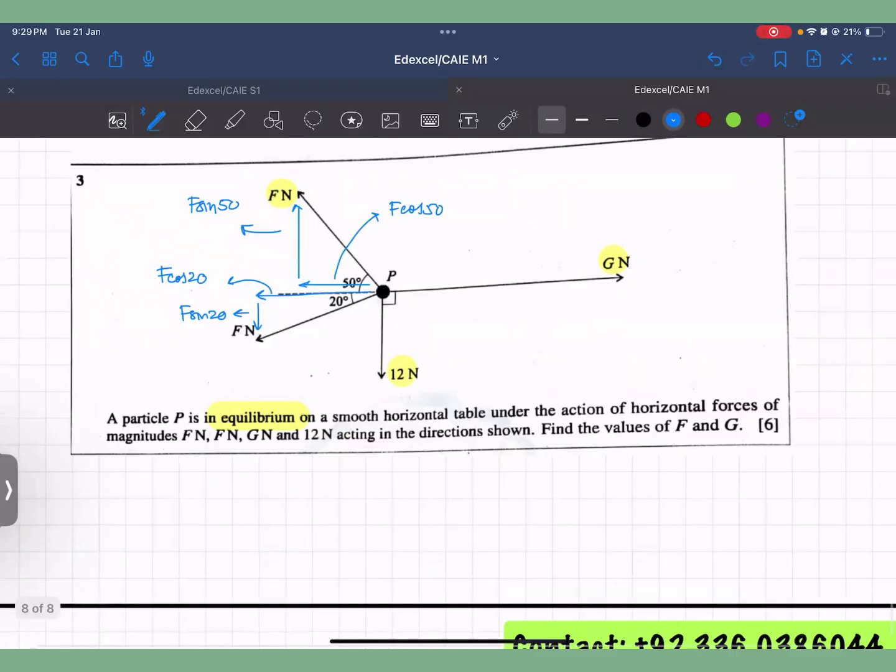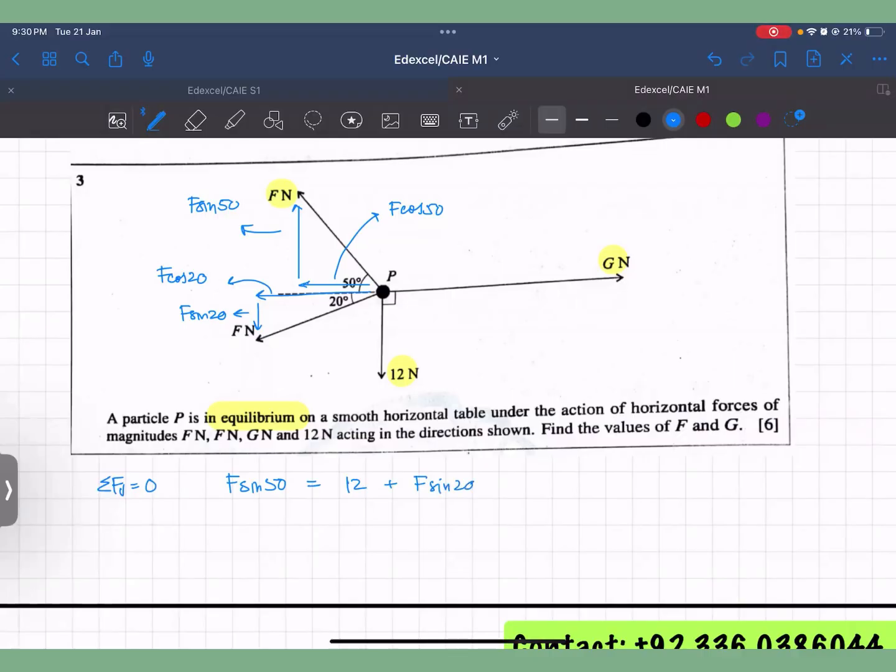So what do we do? They have told us that the system is in equilibrium. So vertically upward would be equal to vertically downward. Vertically upward there is only one, which is F sin 50, equal to vertically downward, where you have 12 and F sin 20.